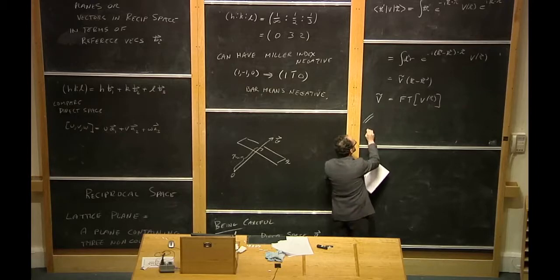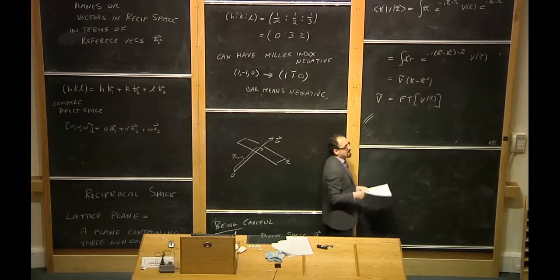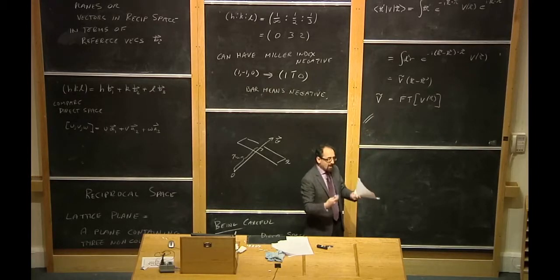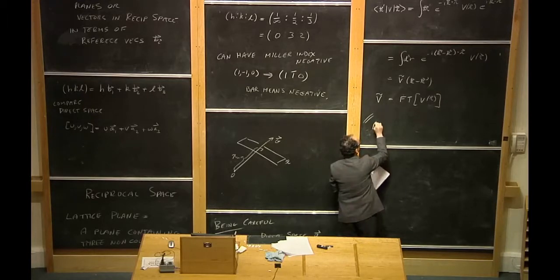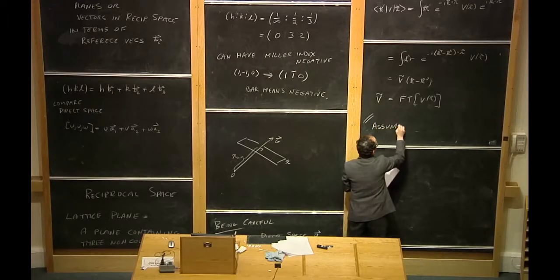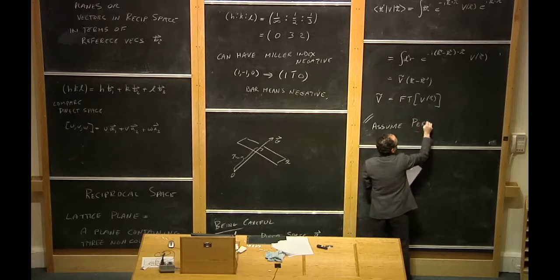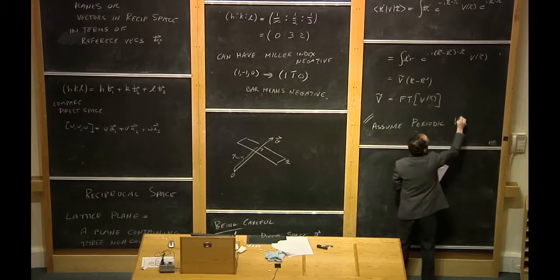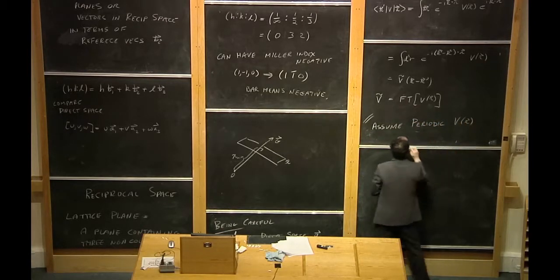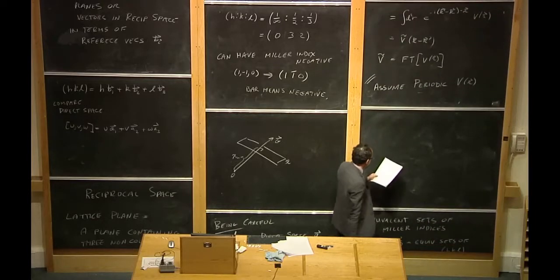Now, in the last lecture, we considered Fourier transforms of periodic functions. So we're going to assume we have a crystal, and assume a periodic scattering potential, v of r. If we have anything that's crystalline, the potential will be periodic.